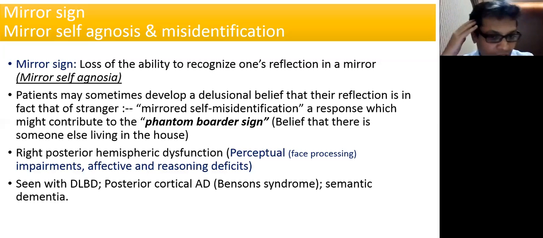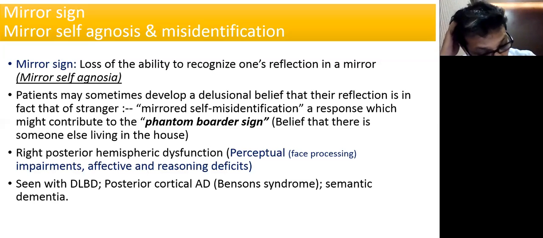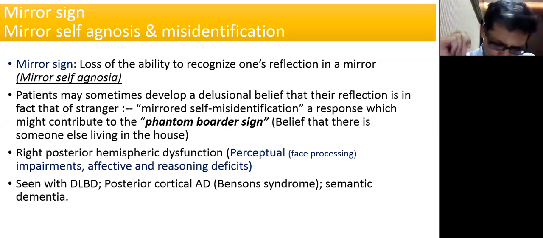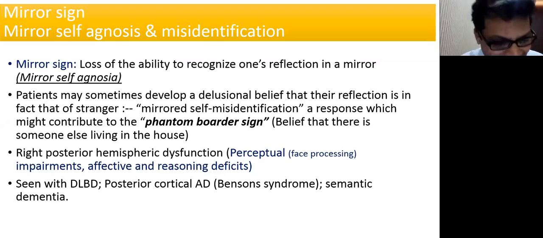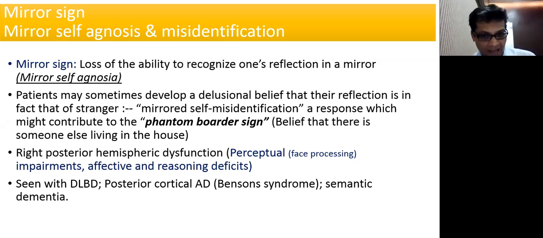It looks like FTD. And the fourth variant is the logopenic variant of Alzheimer, where patients have prominent repetition impairment along with naming deficit. So this logopenic dementia is like conduction aphasia, where repetition is markedly impaired, while in semantic dementia, the repetition is relatively preserved.